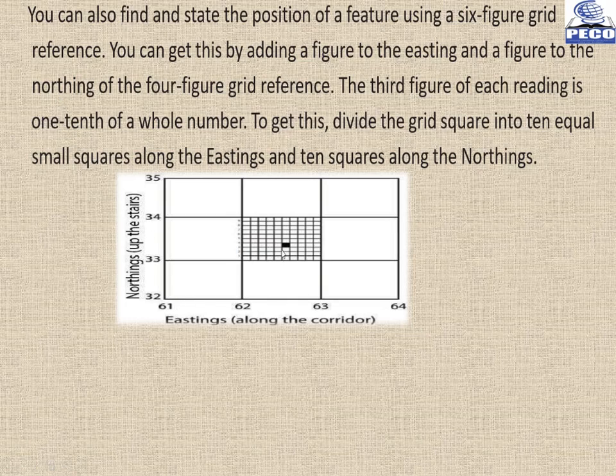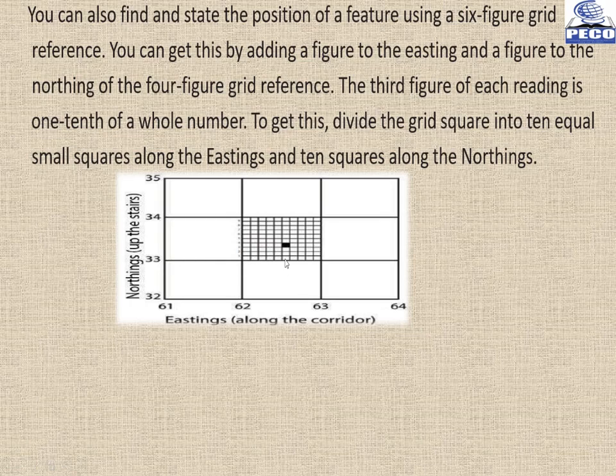If you want to get, for example, to this location, you're going to start from easting 62. So you write 62, and then to get the 3rd easting, you count either the squares or the lines. So if you're counting squares, you'll count 1, 2, 3, 4, 5, 6. So it means you have moved 6 squares from 62. So we add 6. Then the 0 line for the northing is 33.